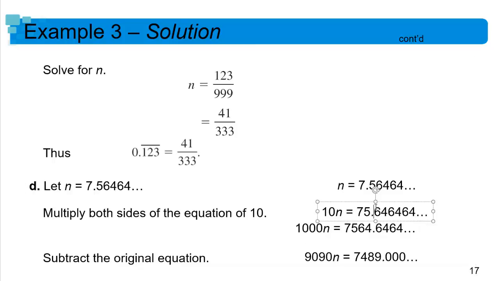Then all I have to do is take this new equation and, like I did with all the other examples, multiply by the appropriate power of 10 to get one copy of the sequence to the left of the decimal. And since it's a 6-4, it's 2 digits, I can multiply both sides by 100, and that gives me 1000n equals 7564.64646464.